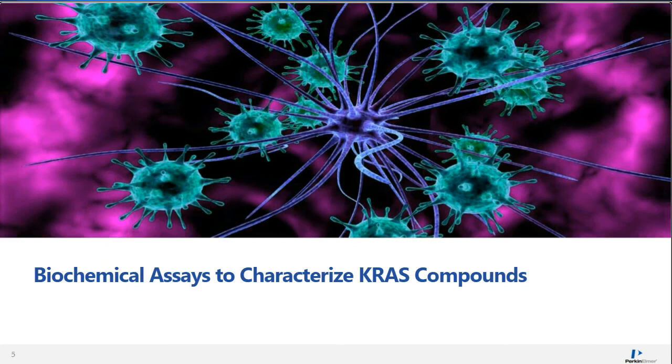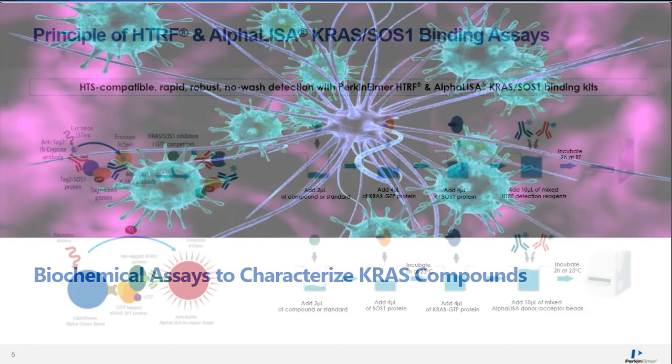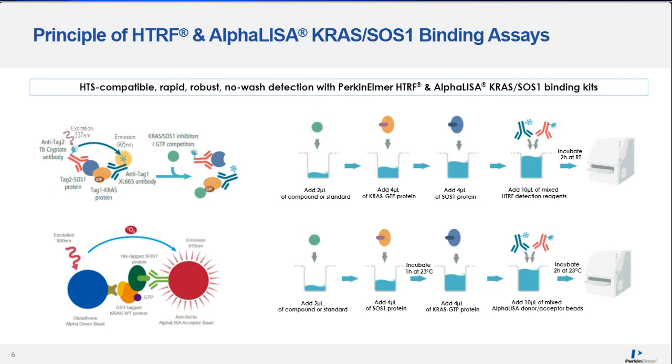First, PerkinElmer has developed a portfolio of biochemical assays to characterize KRAS and SOS1 binders as inhibitors for their interaction. PerkinElmer facilitates the screening of KRAS SOS1 inhibitors by providing commercially available, no-wash, and ready-to-use homogeneous KRAS SOS1 binding kits for KRAS SOS1 analysis.